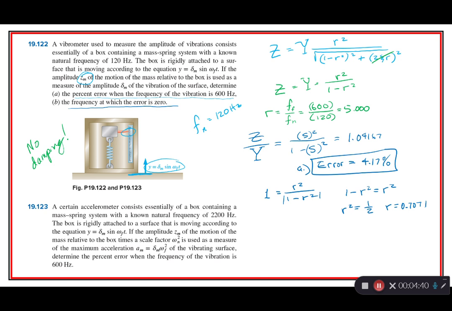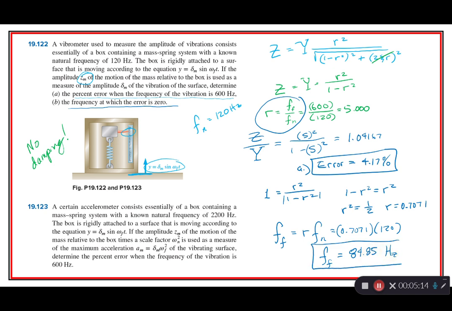So if you use the same idea from up here, we'll say that the forcing frequency is equal to R times Fn. So 0.7071 times 120, the forcing frequency for when the error is 0 is 84.85 hertz.